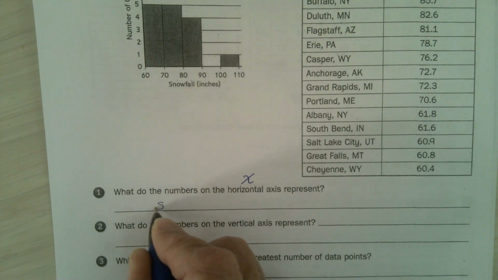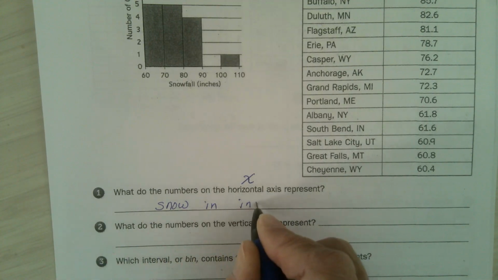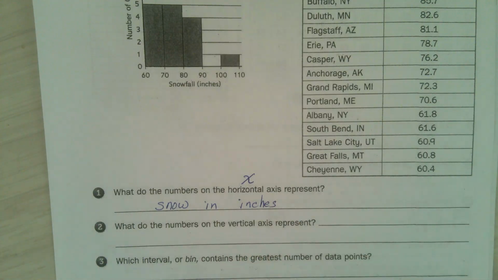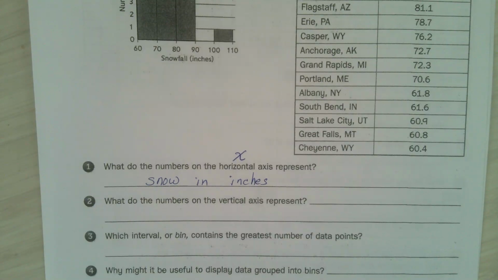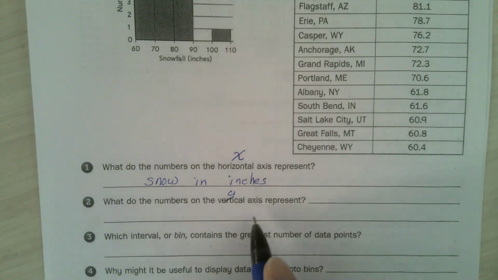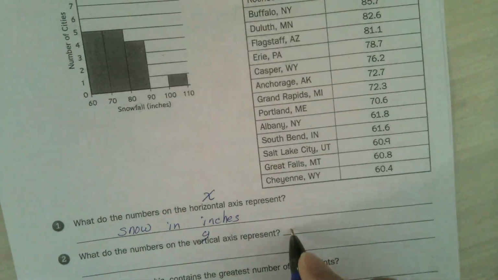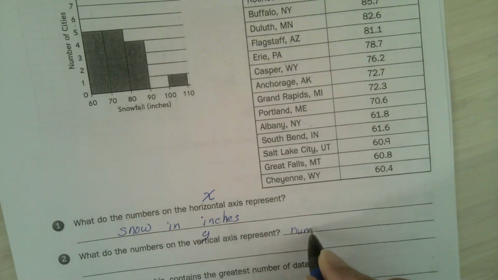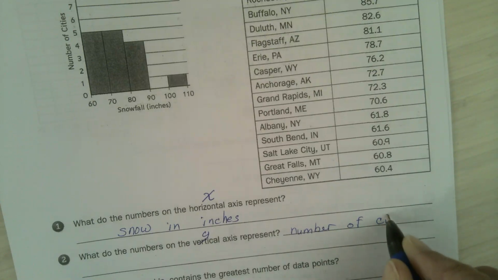We can just put snow in inches. Okay, question 2. What do the numbers on the vertical axis, called the y-axis, represent? It represents number of cities. So just write number of cities.